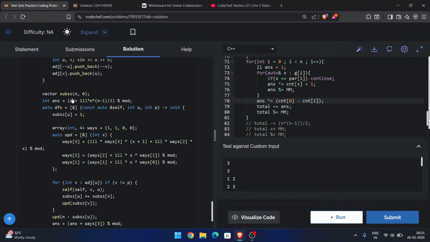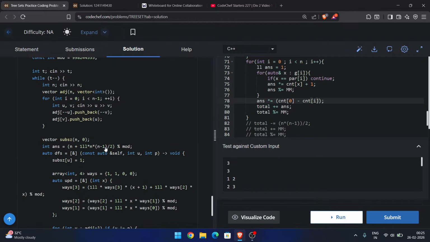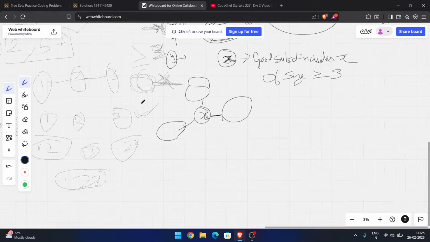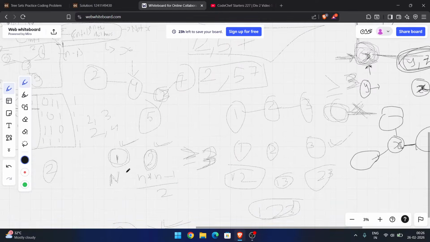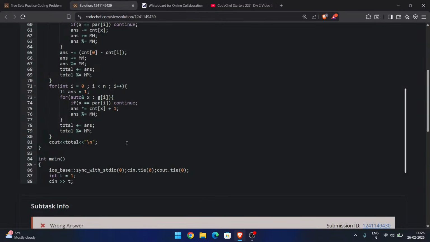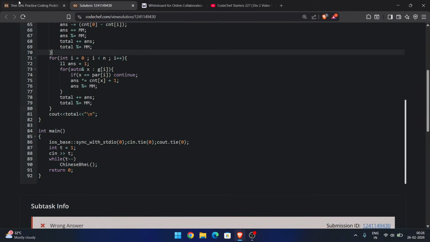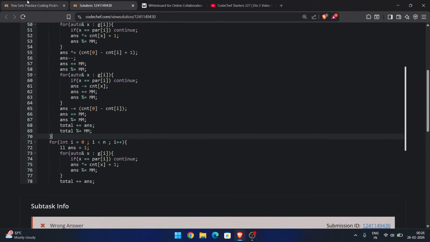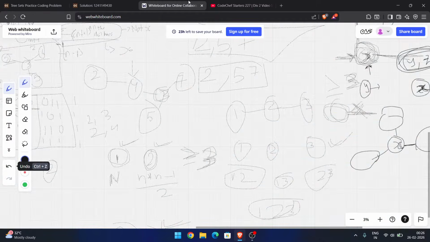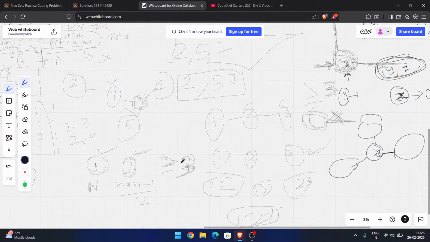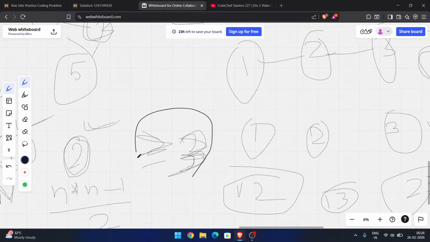First, as I said, the answer is n plus n into n minus 1 by 2. That is for this case, sizes 1 and 2. Now let's see what they have done for the case of size greater than or equal to 3.